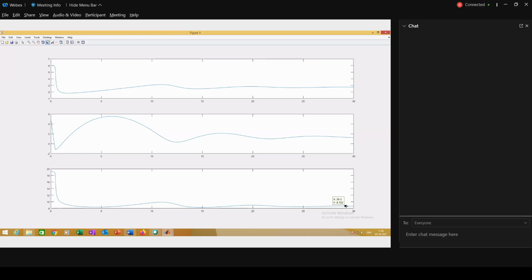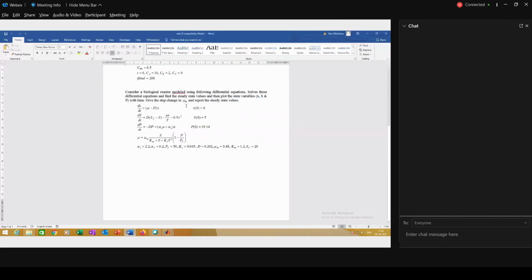Then what does it say? Okay, so now I got the initial dynamics of the system. Then I need to do a step change. It says to give a step change in mu m.